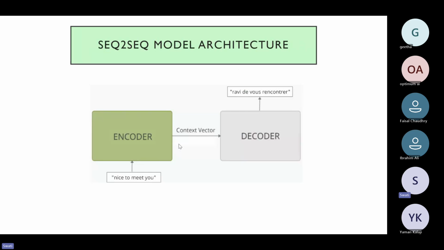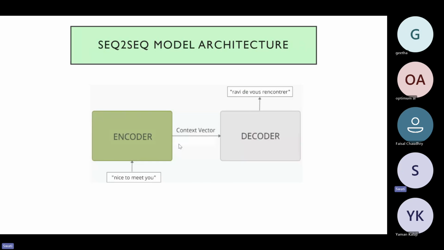It transforms the input into a vector and gives it to the decoder for further translation. The decoder then gives you the output, like this French translation of the English sentence. So this is the main overview of the architecture. Now we will go into the details.